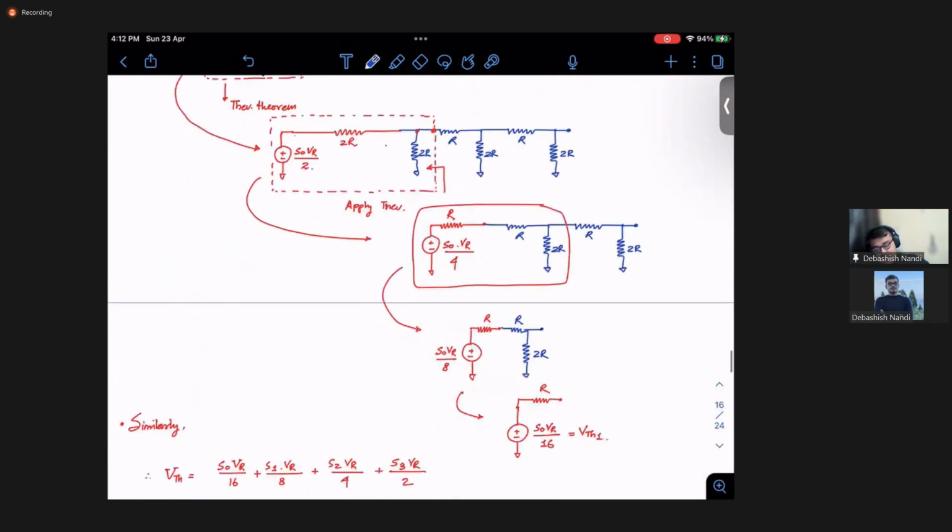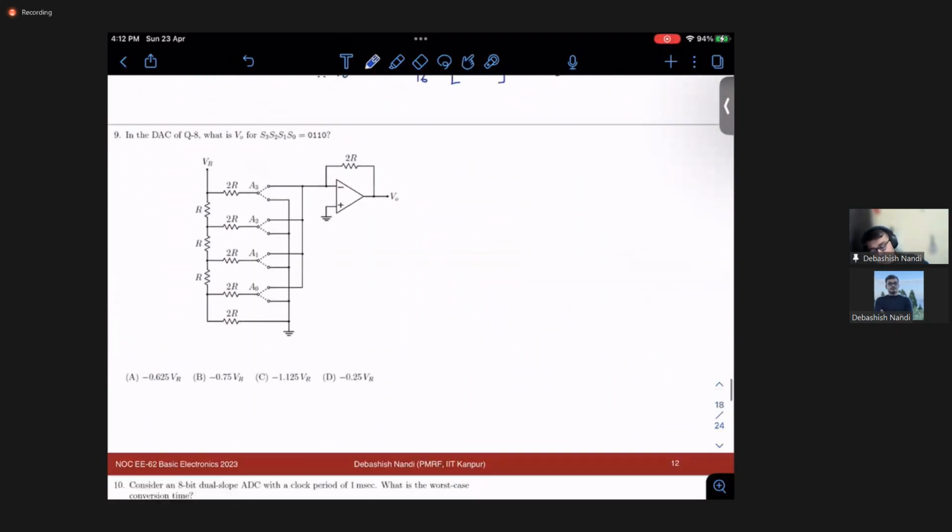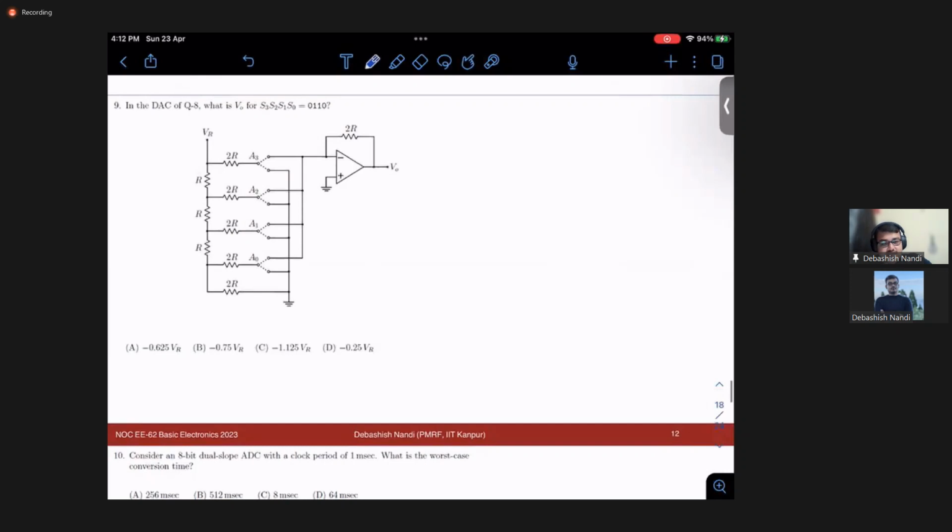Okay. So again, moving on to the next problem. In the similar manner, you can do what? Here your S3 is 0, S2 is 1, S1 is 1, and S0 is 0, right? So what is your V out?